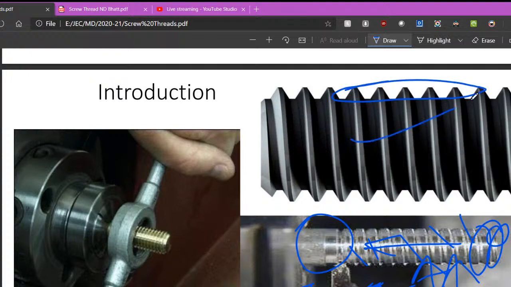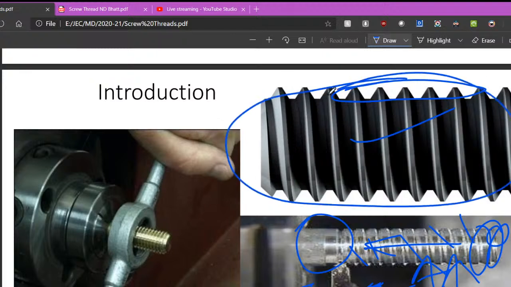This form is called screw thread. Obviously we make this form on some cylindrical bar, so that part becomes the screw thread. Screw is the name of an element or part on which you have prepared the thread. So now you see.